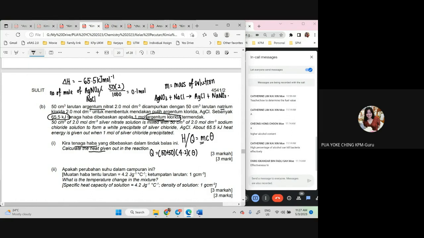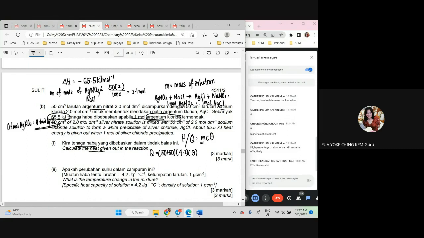So you have the first ratio is ratio of the AgCl. So 1 mole AgNO3 ratio 1 mole AgCl. So 0.1 mole, sini 0.1 mole AgNO3 ratio 0.1 mole AgCl.